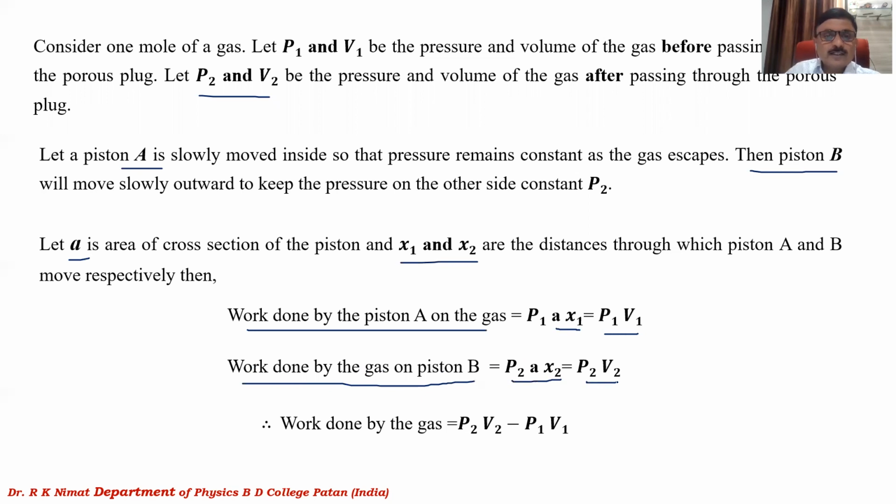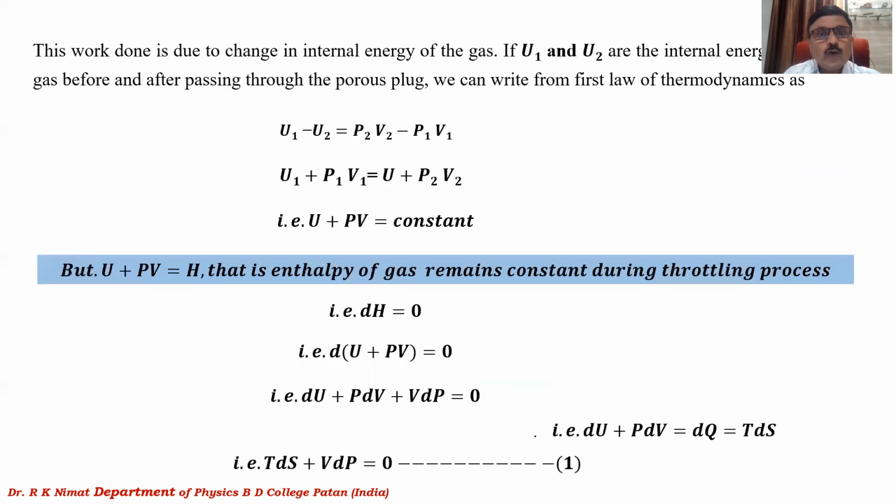We know that work done by the gas is positive, and work done on the gas is negative. Hence, the total work done by the gas will be P2 V2 minus P1 V1. But we have to remember that this work is done at the expense of the internal energy of the gas.